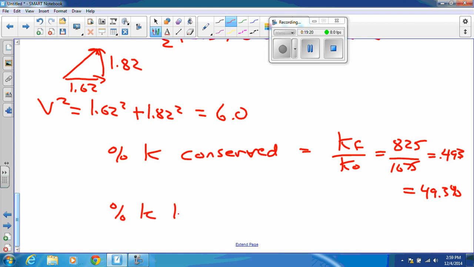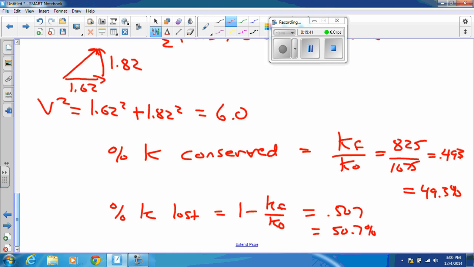And then the percentage of K lost, which is what we asked, is going to be 1 minus that, or 50.7% of the kinetic energy was lost in this collision.